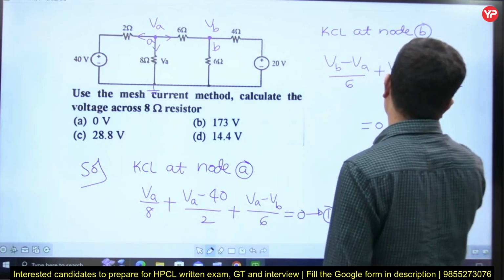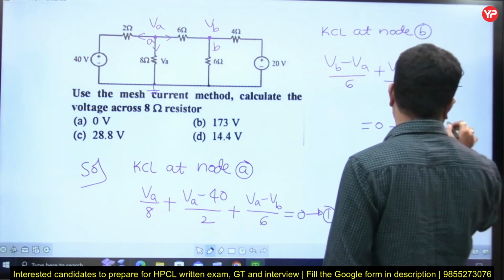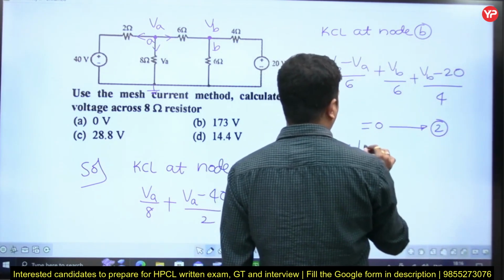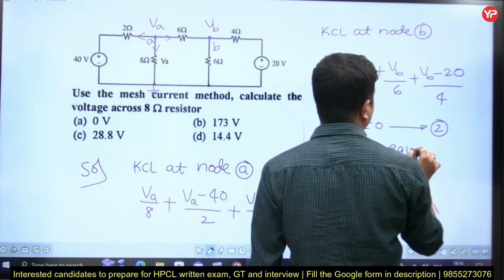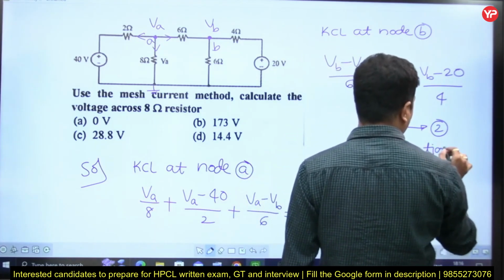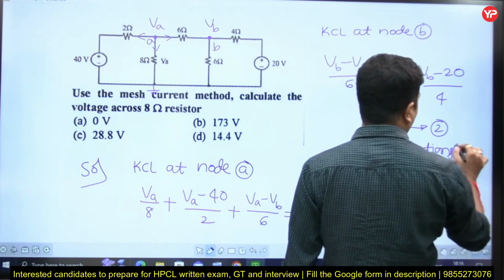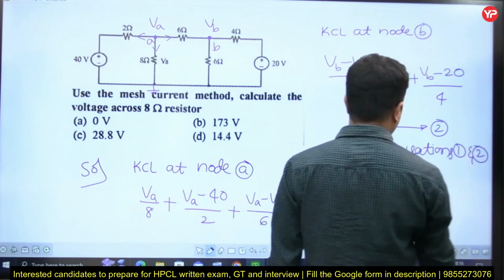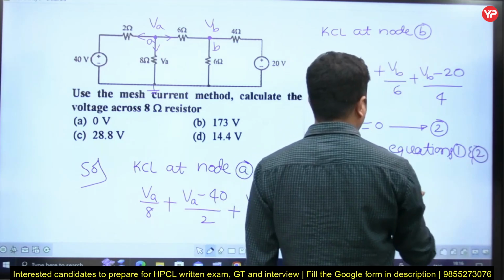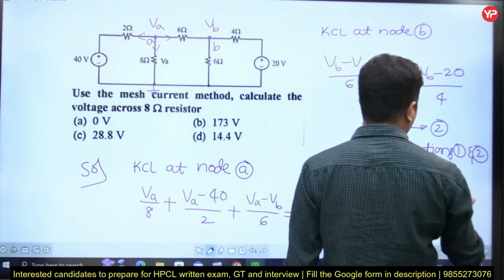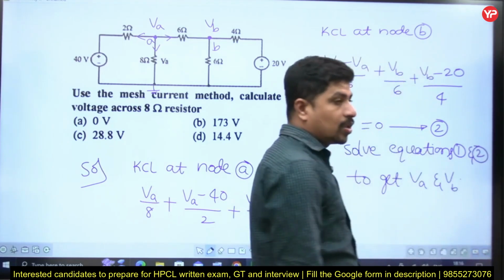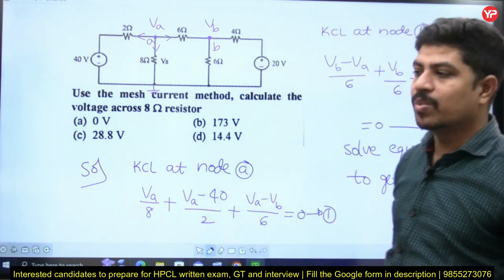This is equation 2. Solve equations 1 and 2 to get VA and VB.